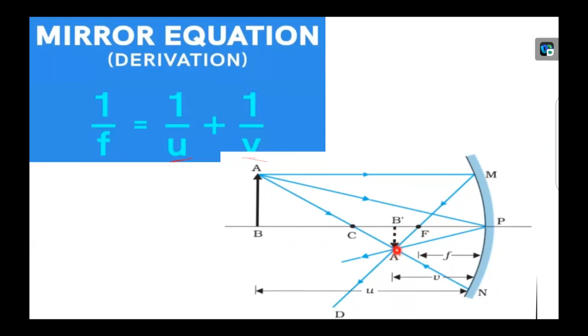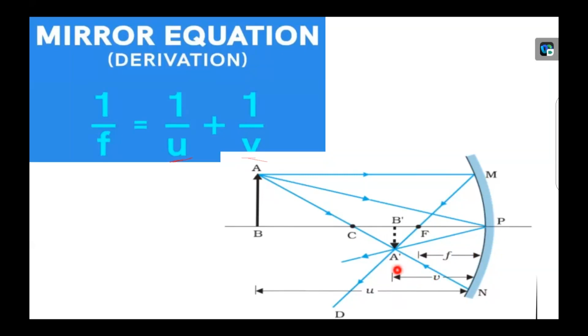Now observe here, F is the focus, C is the center of curvature. The distance from pole to focus we have taken as small f, the focal length. The distance from pole to B dash A dash, that is the image distance, we have taken as v. That means image distance is v.